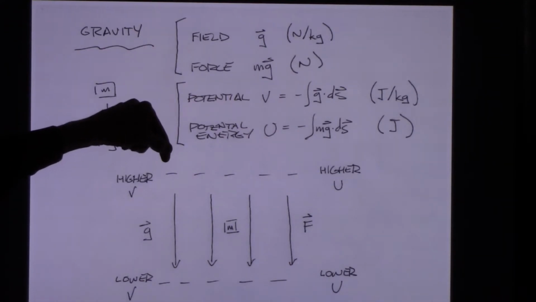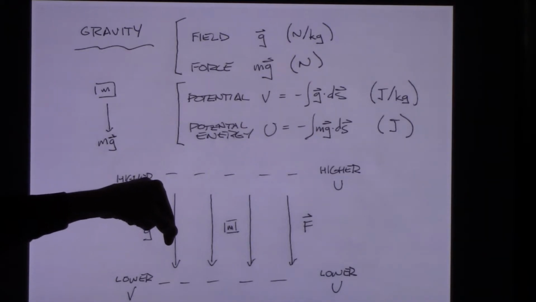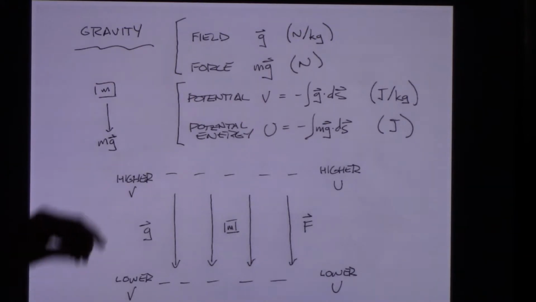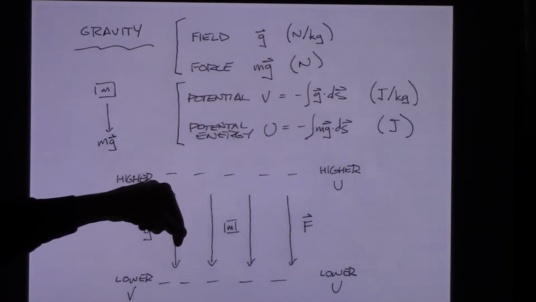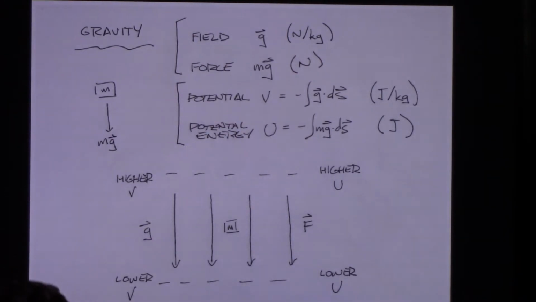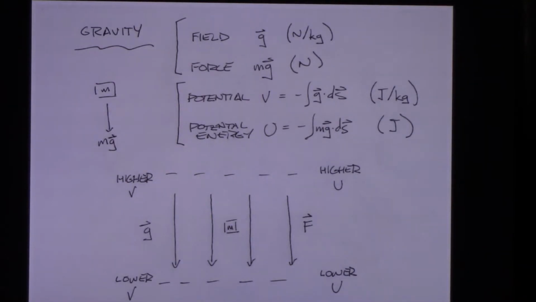So if I start at this higher location, and I follow the gravitational field, and I multiply it by distance, that little ds means that I'm going to take one little step at a time along this gravitational field. That will tell me by how much the potential is dropping. There's a minus sign out front, which says that if I follow the gravitational field, the potential will be dropping.